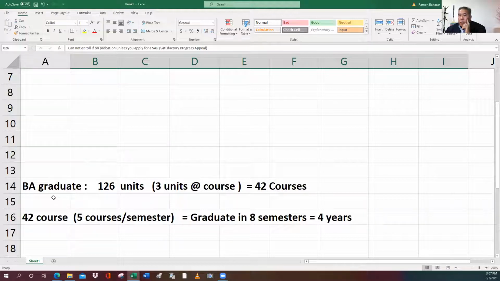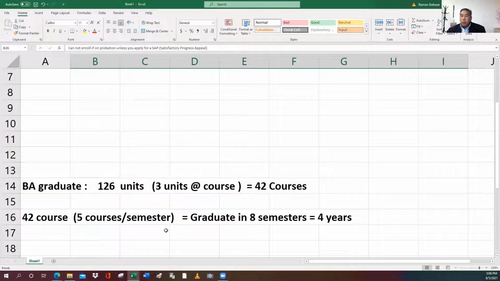For a business administration student, 126 units at 3 units per course is equals to 42 courses. Now, 42 courses, on an average, if you were to take 5 courses, okay, and this would include chapel, you will be able to graduate in 8 semesters or 4 years, okay?